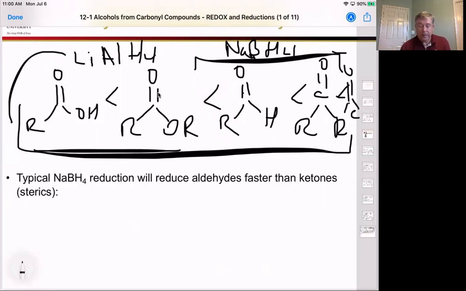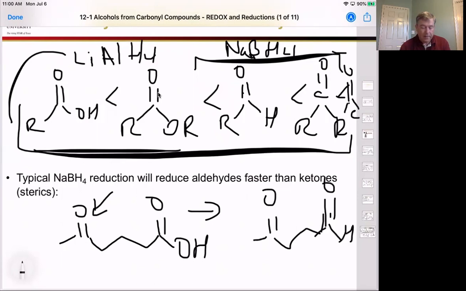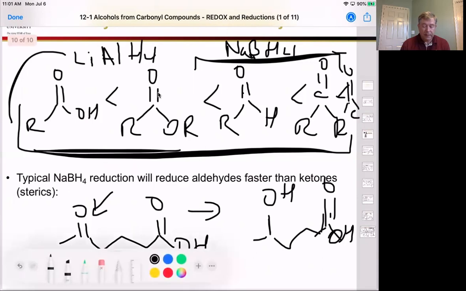So for example, if we had a compound that looked like this, and we used sodium borohydride on the system, it would only reduce down our ketone at the end and give us our carboxylic acid, and then our ketone here would be reduced down to our primary alcohol selectivity in the presence of that carboxylic acid.